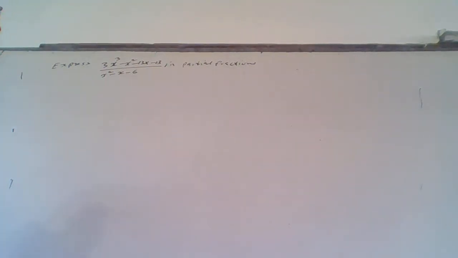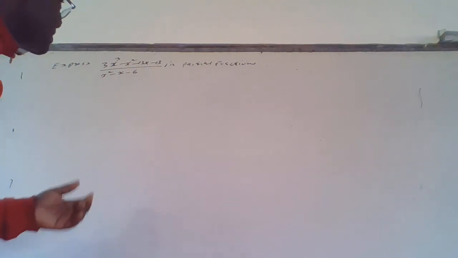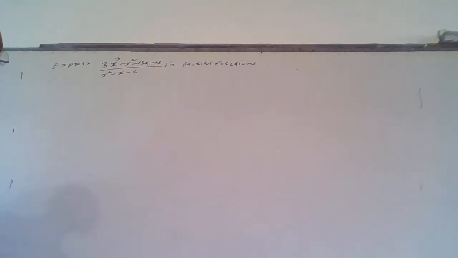Express (3x cubed minus x squared minus 13x minus 13) over (x squared minus x minus 6) in partial fractions. Again, when we are confronted with this kind of expression, we need to ask ourselves, is the degree of the numerator less than the degree of the denominator?